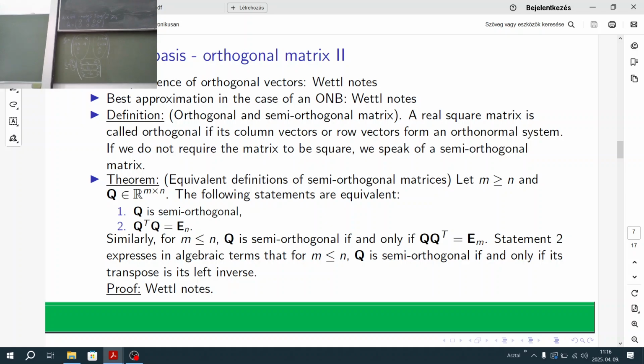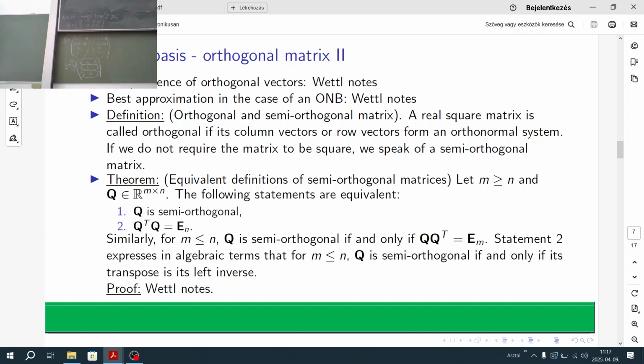So the statement says the following: if a matrix transpose multiplied by the matrix gives an identity matrix, then it's orthonormal.